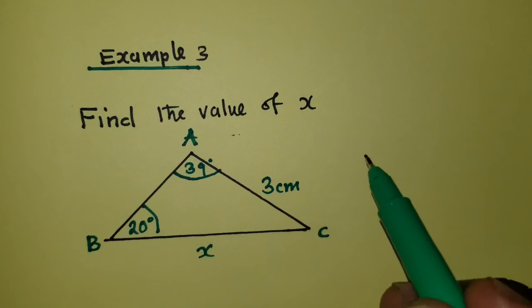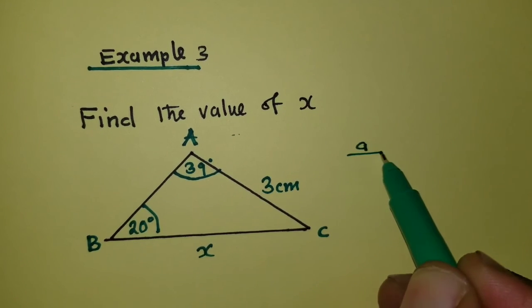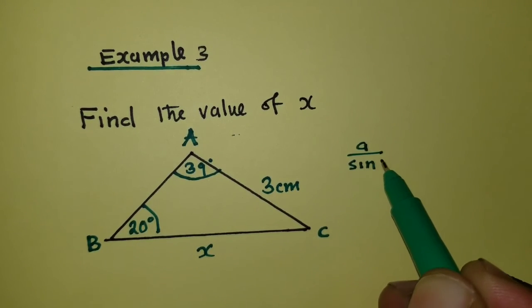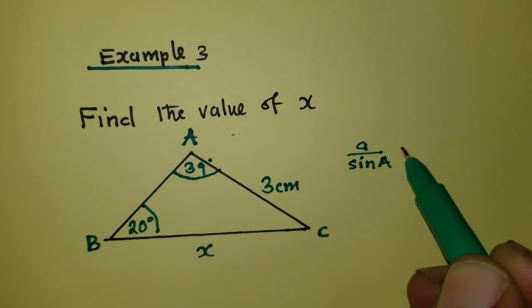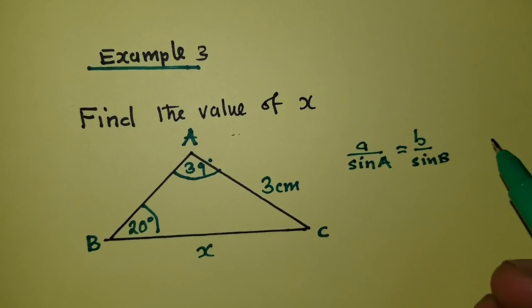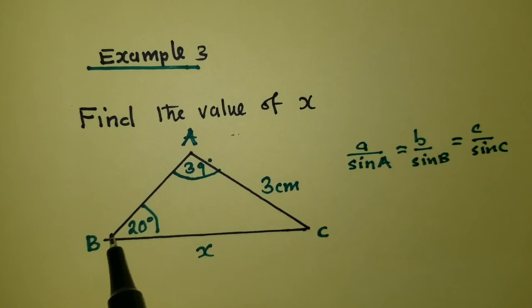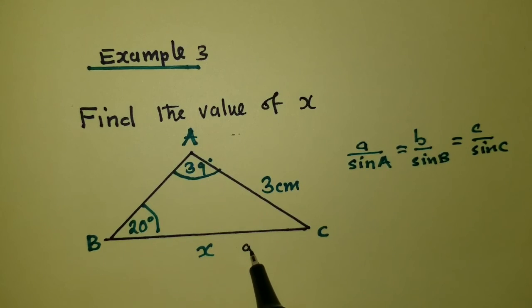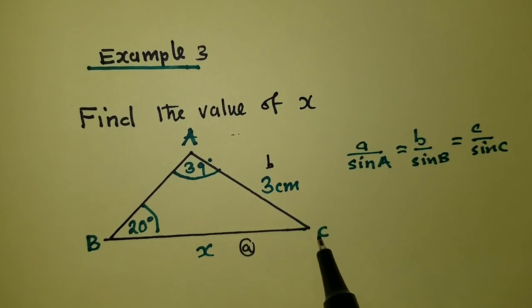So what do we do? We write the formula, okay? So that we don't mess up. Always remember to write the formula, okay? So this is the formula right here. Now, on this formula, what is our small letter a? It's this side. This is small letter a. Small letter b, it's right here. c is here.